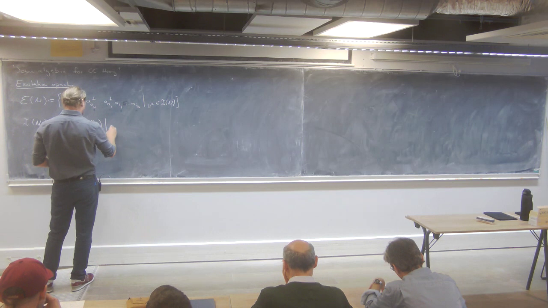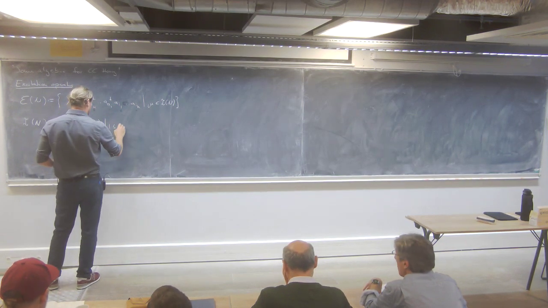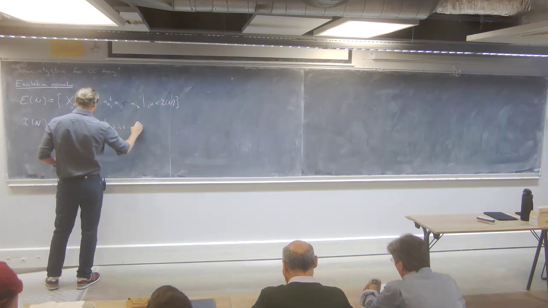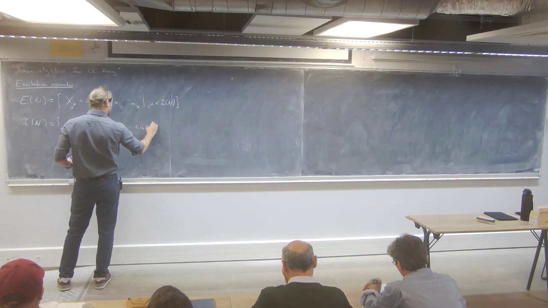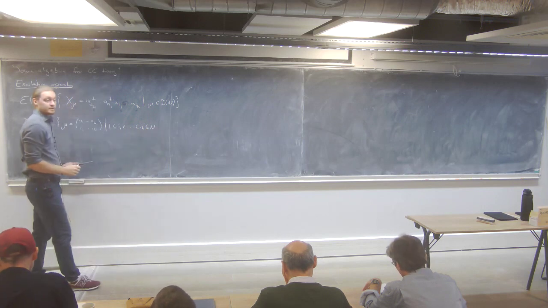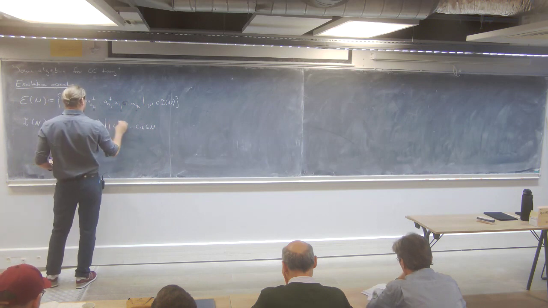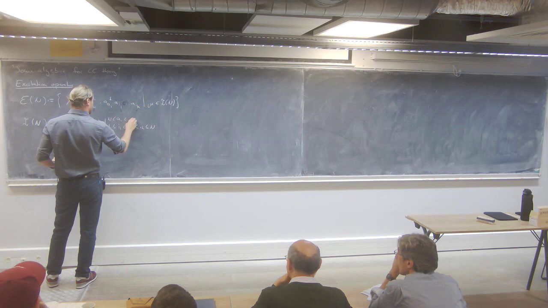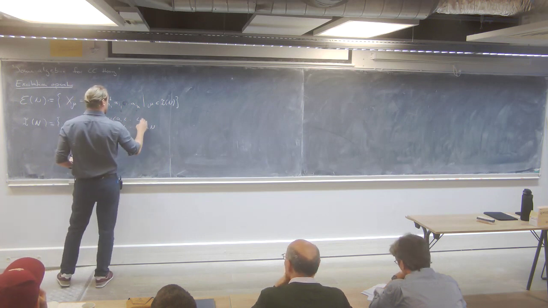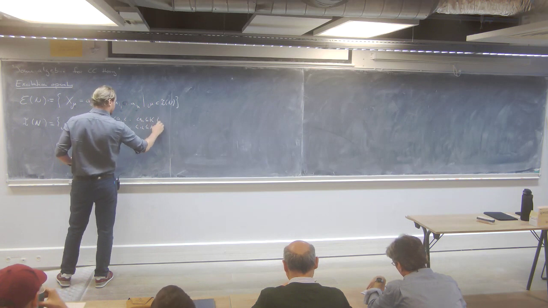And now I impose an ordering where I say that 1 is less or equal than I1 through Ik, less or equal than N, so the number of electrons or the occupied orbitals. And then I have N strictly smaller than A1 through AK, less or equal than capital K.